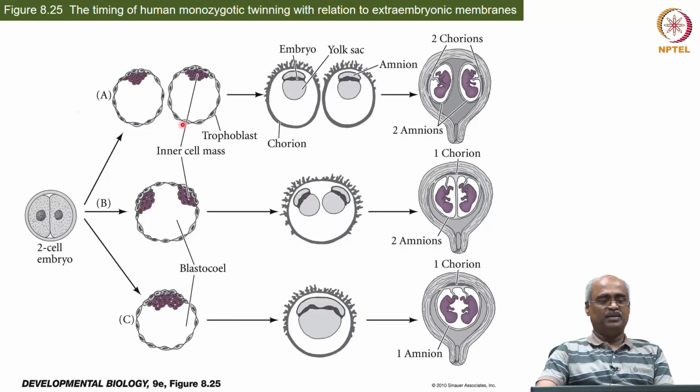If the embryo is split into 2 parts that early, for example at the 8-cell stage or earlier, before the morula stage, then they end up making 2 trophoblasts and 2 inner cell masses, leading to 2 chorions, because chorions come from trophoblast, and then the inner cell mass giving rise to epiblast, from which you get the amnion, and as a result you get 2 amniotic cavities as well. So, 2 chorions, 2 amnions, and you get this sort of zygotic twins.